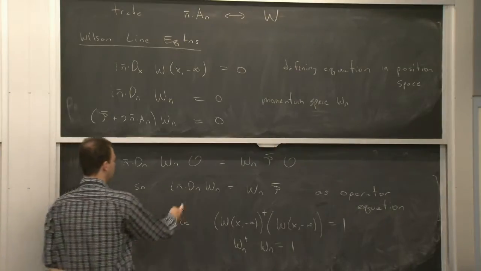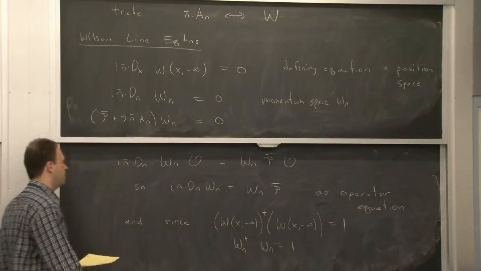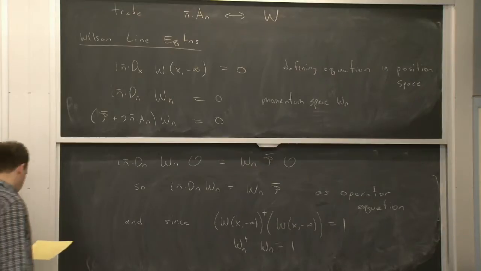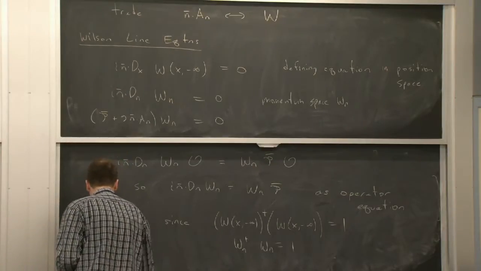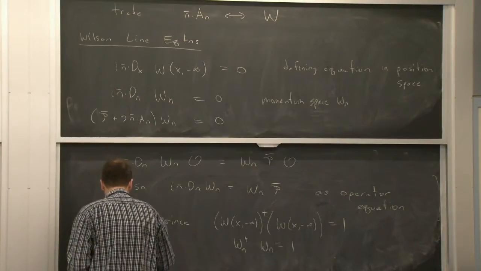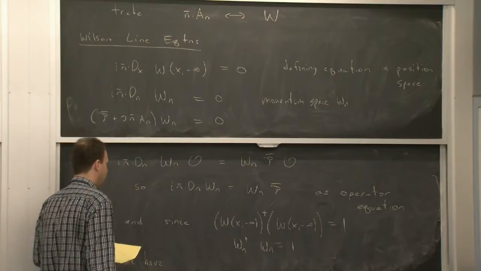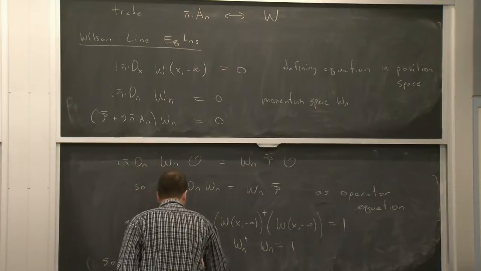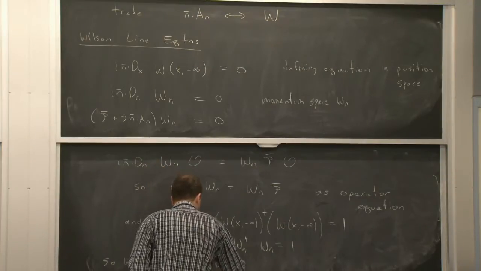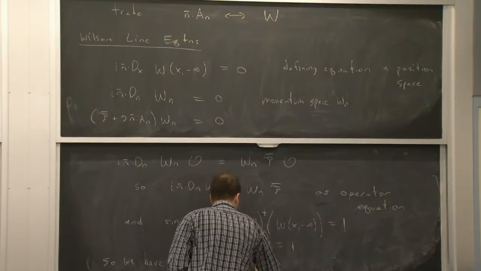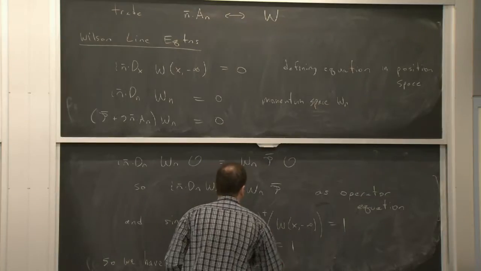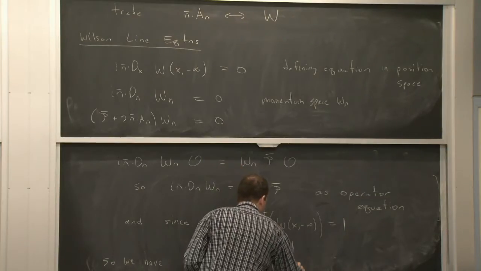And that means I can multiply this equation here on the left or the right by W daggers. And so if I do that, let me multiply by W dagger, and I can write i n-bar dot D_n is W_n p-bar W_n dagger.